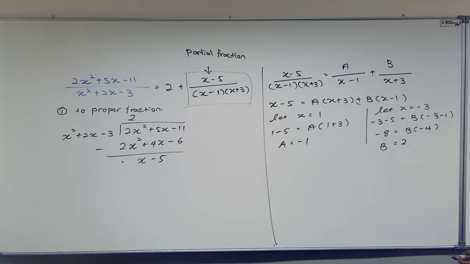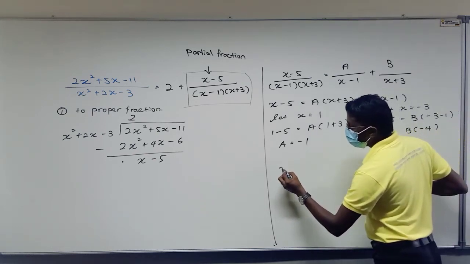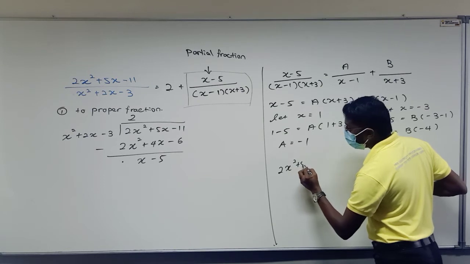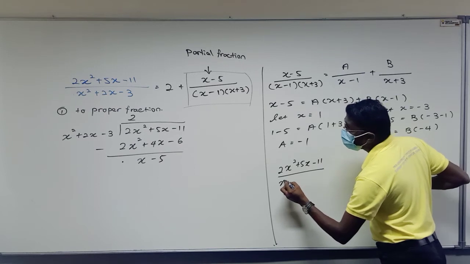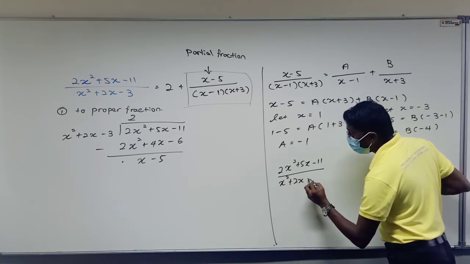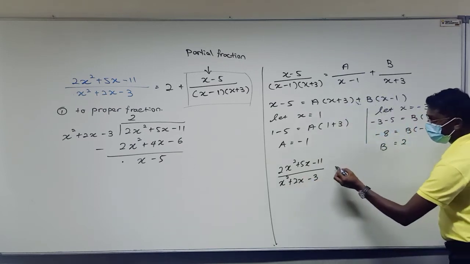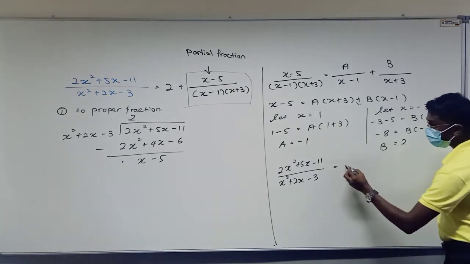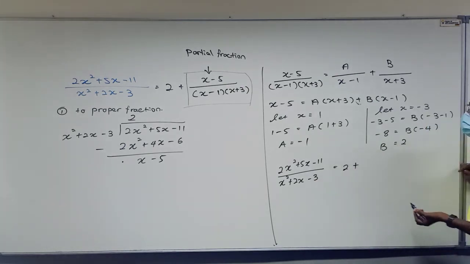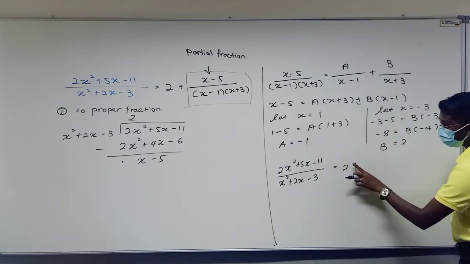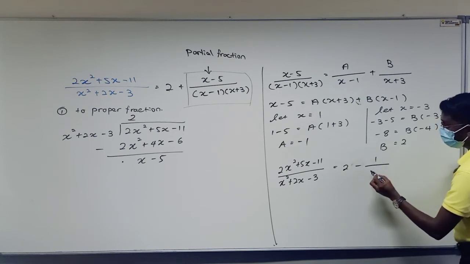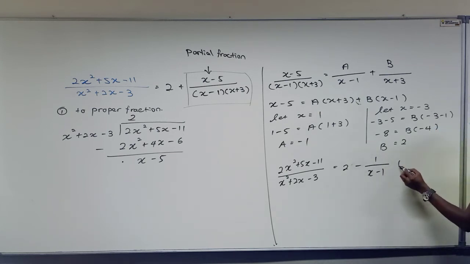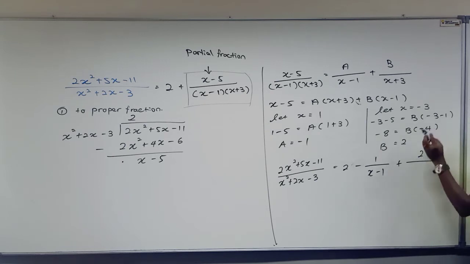Therefore, the fraction 2x squared plus 5x minus 11 over x squared plus 2x minus 3 is equivalent to 2 plus a, which is negative 1, so I put here minus 1 over x minus 1, plus b, which is 2, over x plus 3.